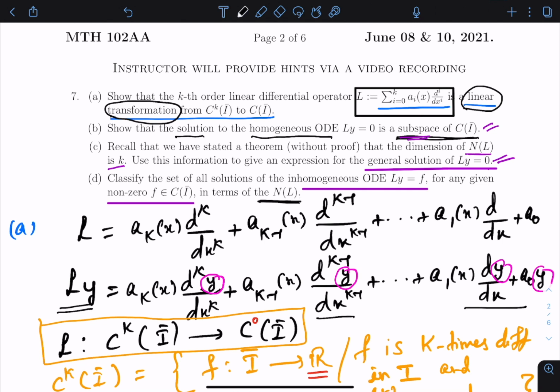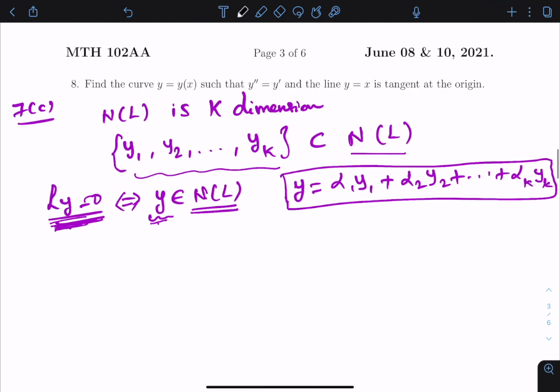You see, null space is the solution to this problem, which is different from this problem. This is Ly equal to f, this is Ly equal to 0. So what they're asking is, how do you write down the general solution of this problem if you know this problem? Basically in linear terms. So that's what D is.